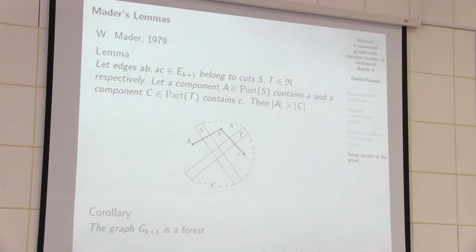The easy corollary from this gives us that the graph G plus 1 is a forest, because if it has a cycle, all edges of which belong to the set E plus 1, then such a strong inequality cannot be preserved over the cycle. It leads us to the contradiction that A is strongly greater than A.